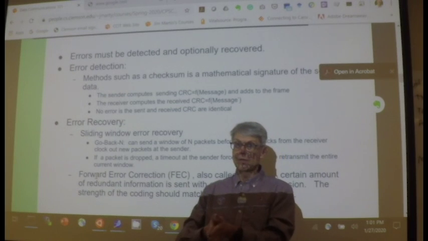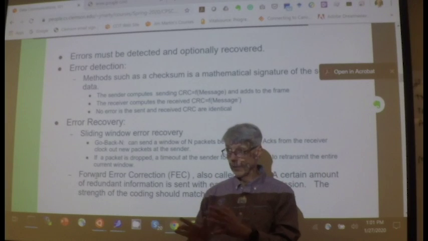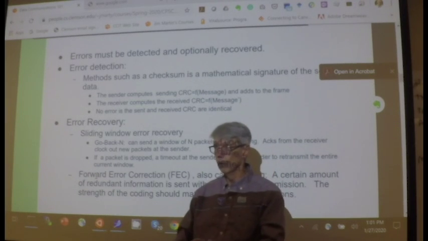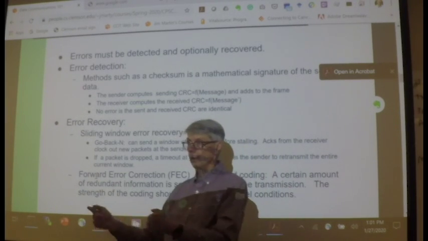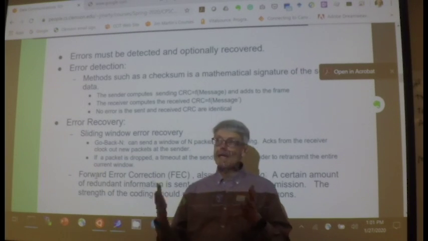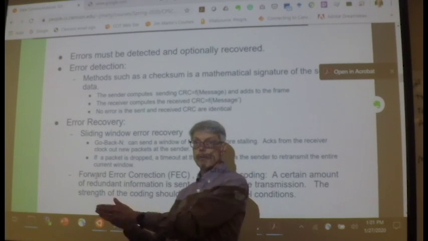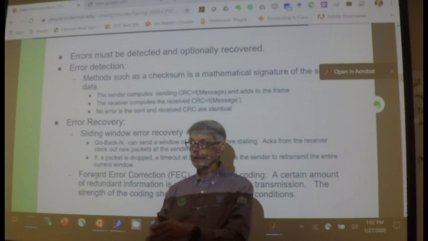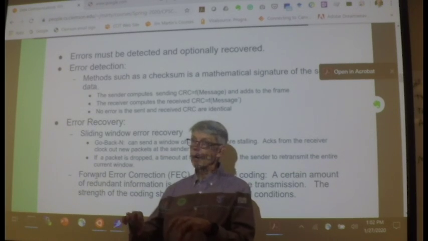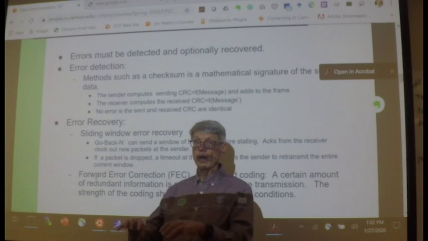If the ack doesn't arrive within a certain amount of time, the sender, again, this is going on at the link level, will retransmit. Over Ethernet, that does not happen, because Ethernet is typically a much more reliable medium than wireless.